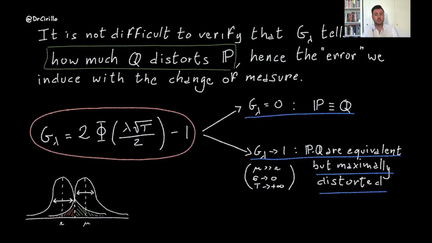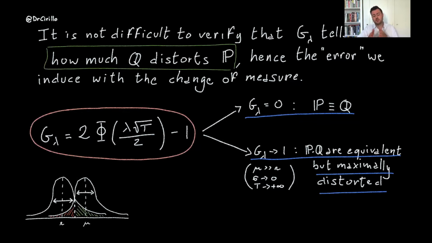The opposite situation is when the Gini index is equal to 1. Essentially it means that the CDF part of the formula goes to 1. Then 2 times 1 minus 1 is equal to 1. Now, when can we have this situation? There are different possibilities.